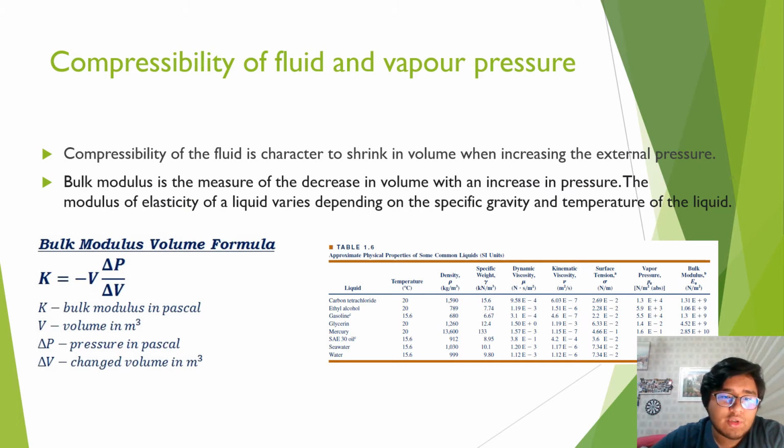To calculate bulk modulus, we must have three values: volume, change in pressure, and change in volume.